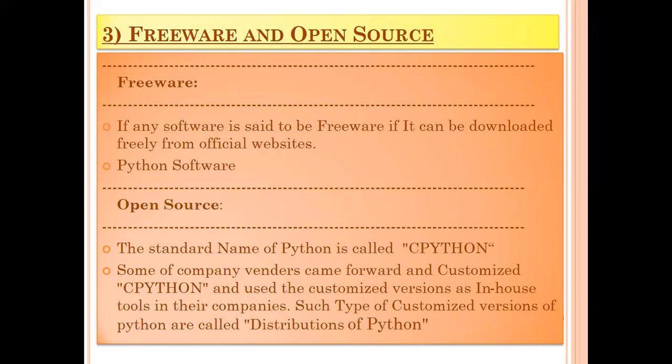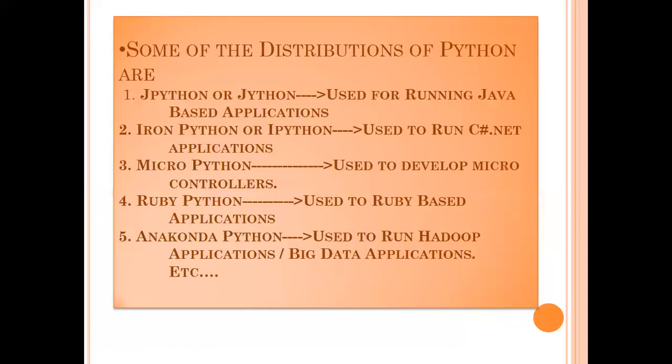Now, some of the distributions of Python are: JPython or Jython. When can we use JPython or Jython? It is used for running Java-based applications.